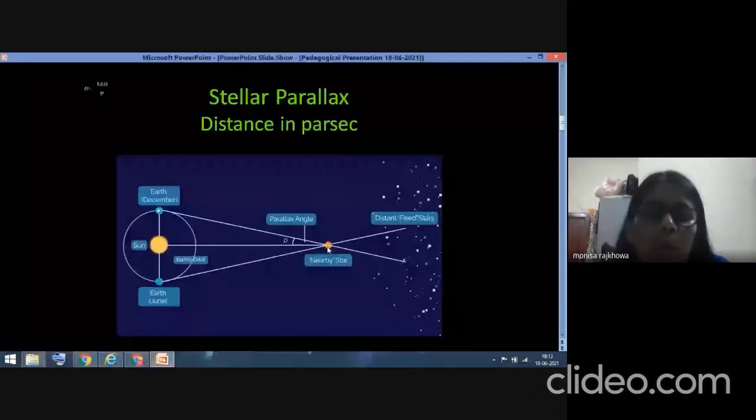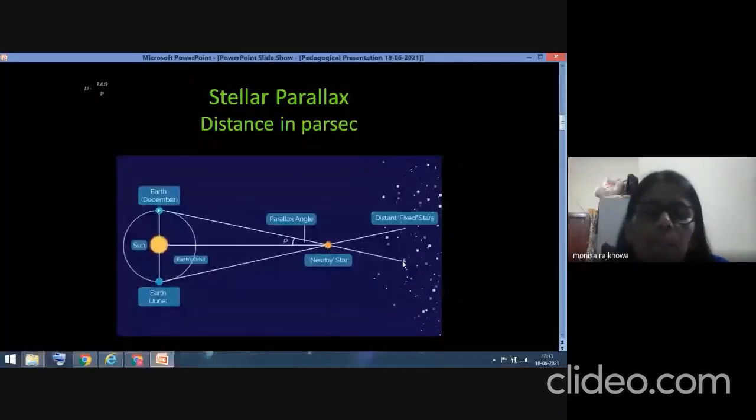When we observe this star in December, its apparent position is here, and in June its apparent position is here. So it is displaced, and the closer the star is, the more will be the displacement and the more will be the angle, this parallax angle.